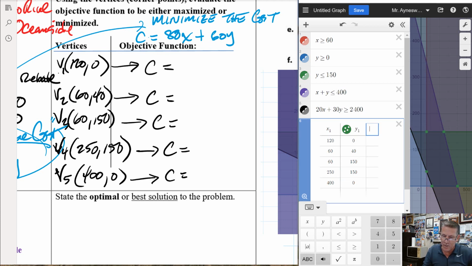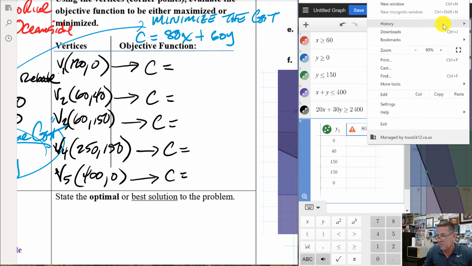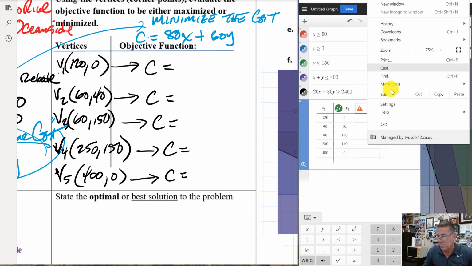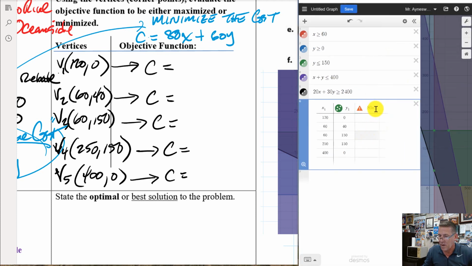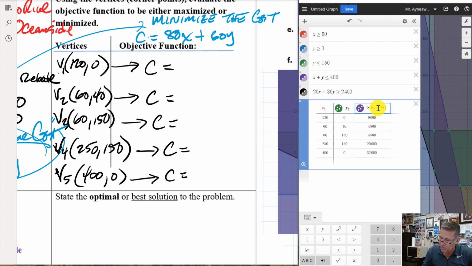Now in the third column, you write your objective function. So it's going to be 80 times x1, because the variables are in x1. So 80 times x1, so type in x1, plus 60 times y1, so 60 y1. There we go. And notice that all the costs are generated.